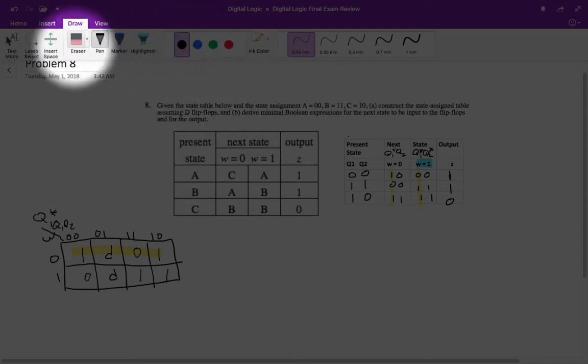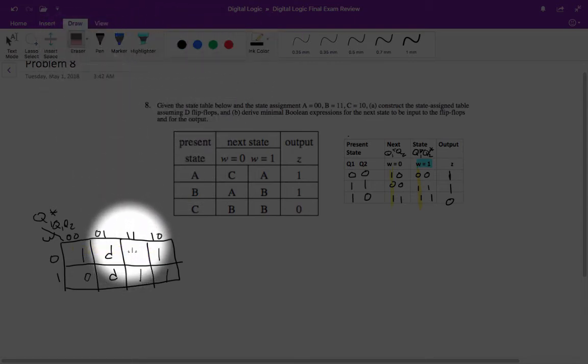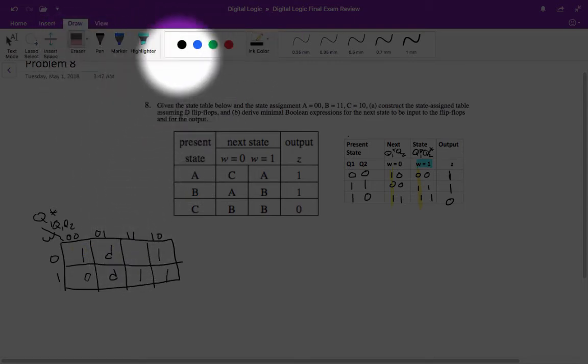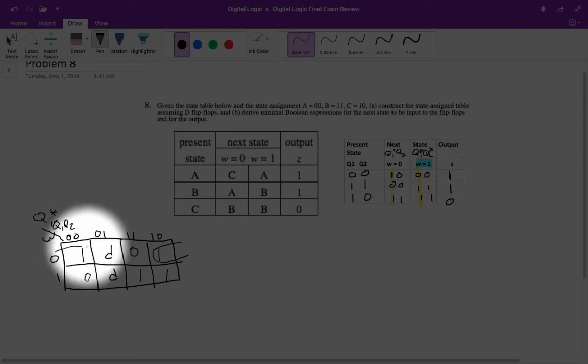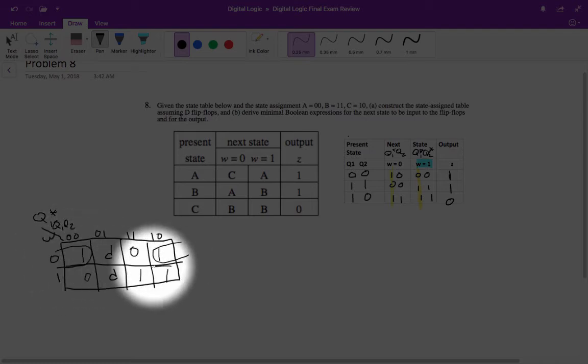So here we have our Karnaugh map for Q1 star, and a good cover for it is right here.